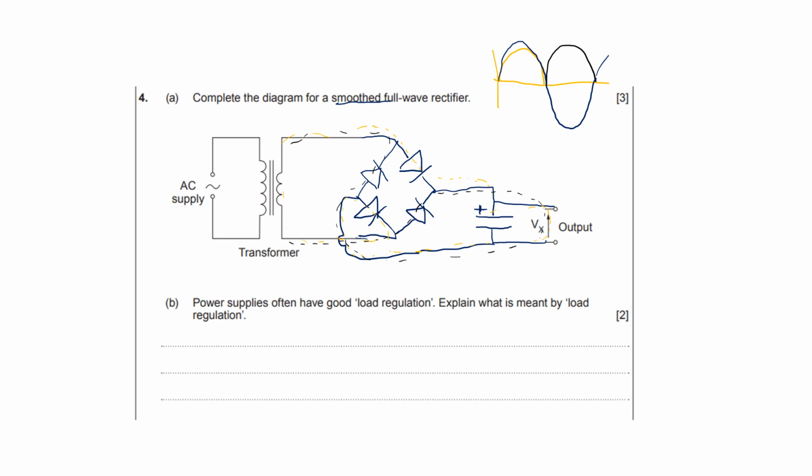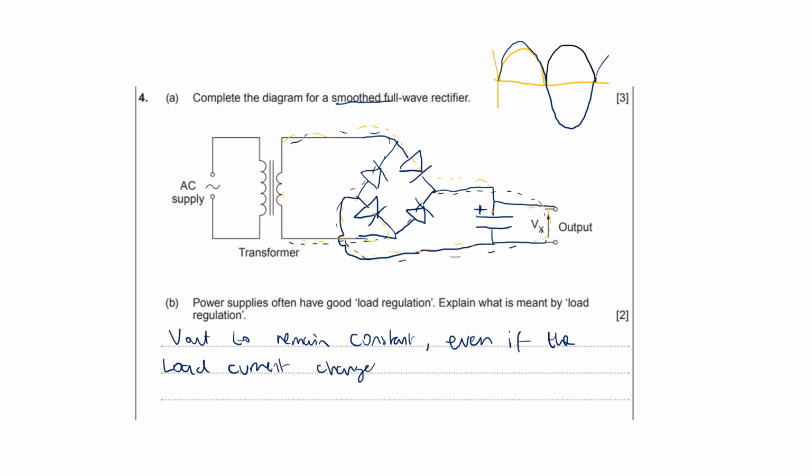What do we mean by good load? Right, line and load regulation. If we ask either, the idea is we want V out to remain constant, even if the load current or output current changes.